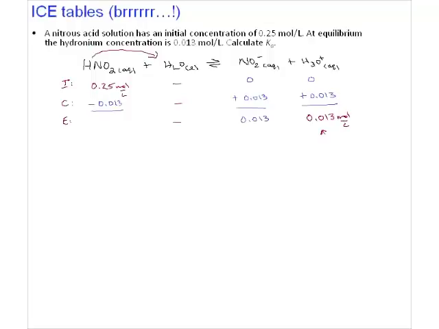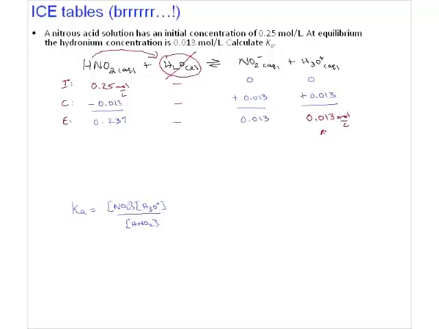And now I know the equilibrium value there. I simply subtract it. You notice I haven't been talking about water, right? I leave that out because you guys know water is a liquid. It's not included in equilibrium. It's a pure liquid.